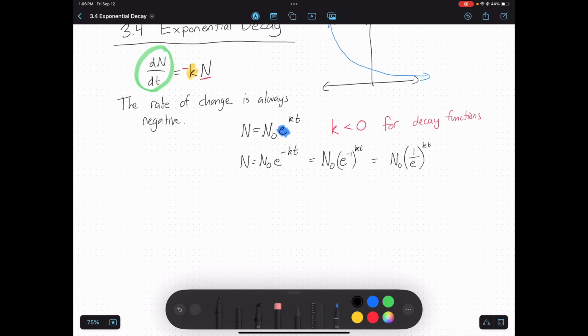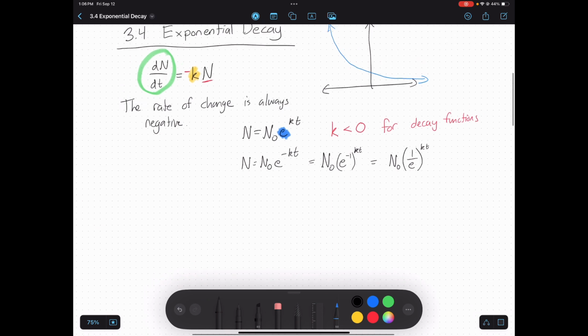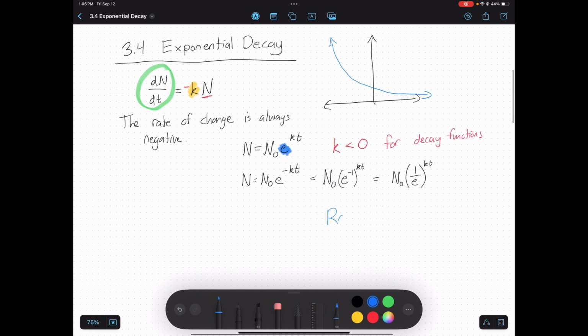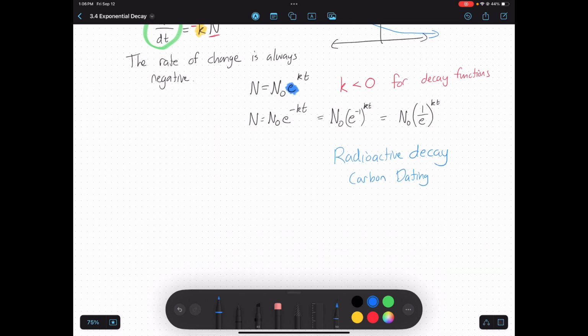Now, there's lots of really cool situations that you can actually model with decay functions. And that includes radioactive decay. This is modeled with an exponential function. Carbon dating, which is very closely related to radioactive decay because you're looking at how carbon is decaying in certain isotopes.